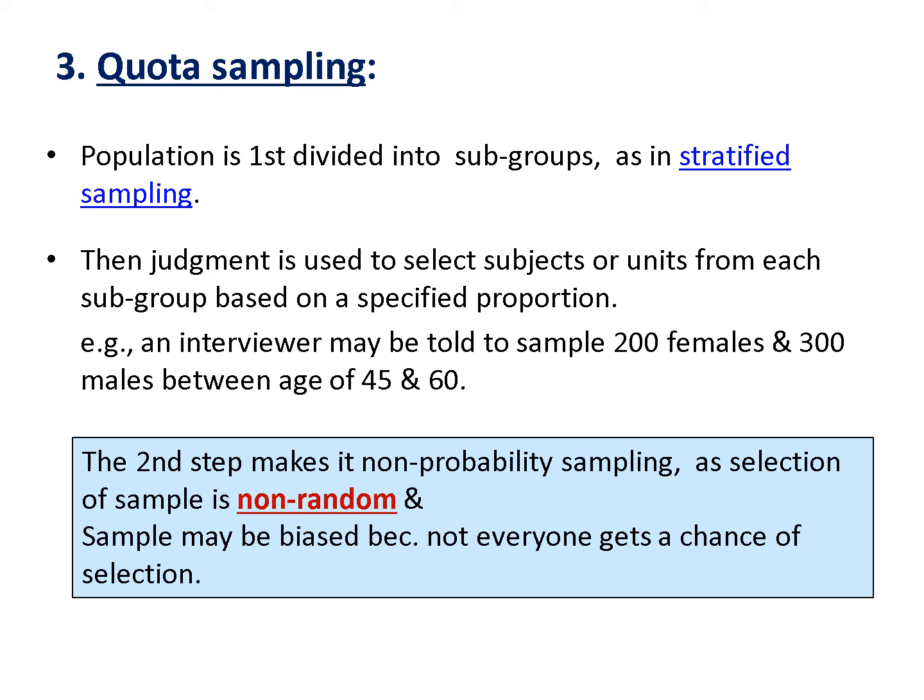For example, an interviewer may be told to sample 200 females and 300 males between the ages of 45 and 60. And as we see, it is also a non-representative sample. We can't generalize the results coming from this research to the whole population.